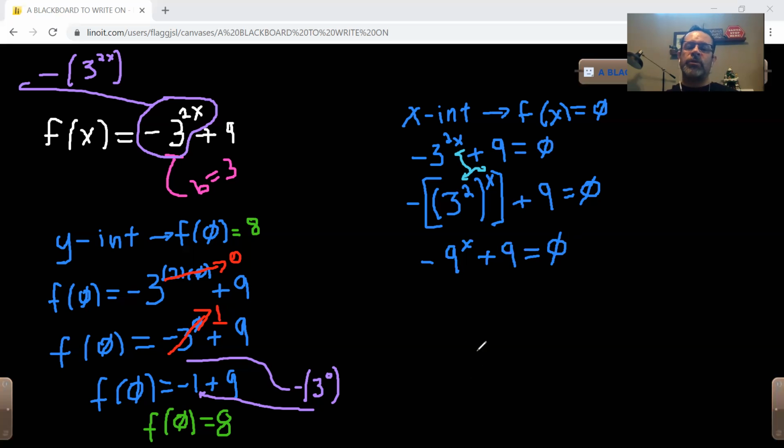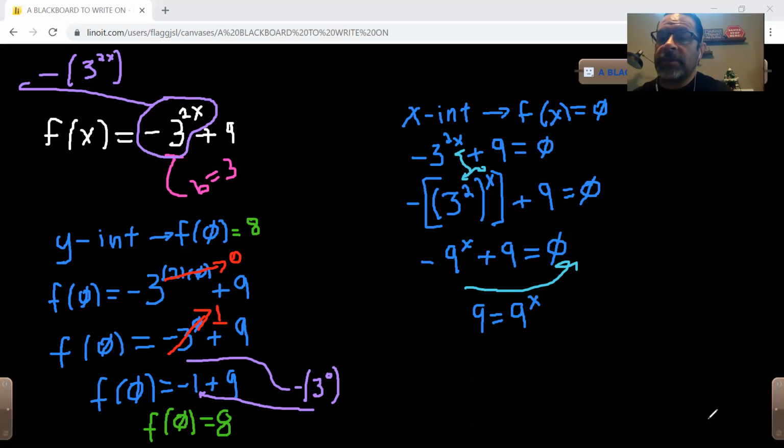Now I'm going to send this 9 to the x to the other side. And it's negative, so it's going to turn into positive. And this is going to turn into 9 equals 9 elevated to the x.